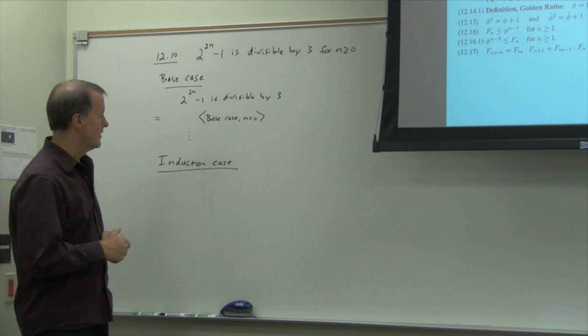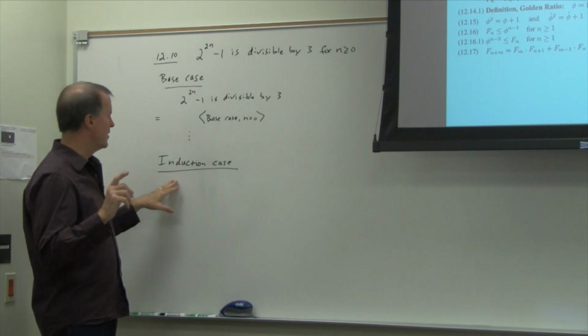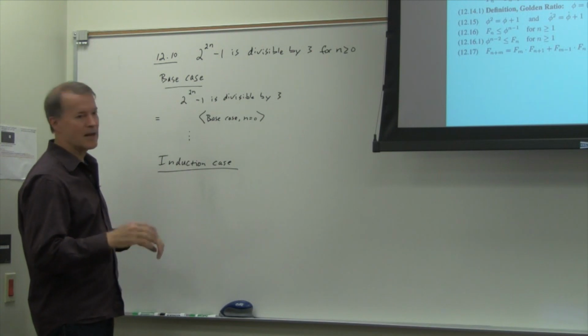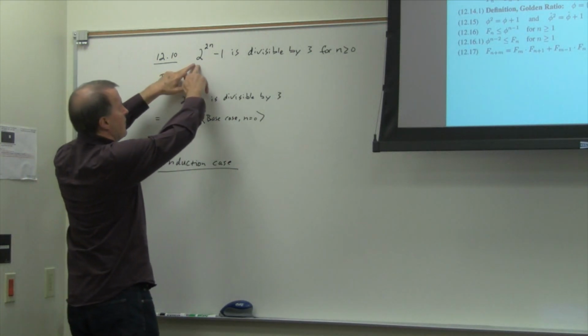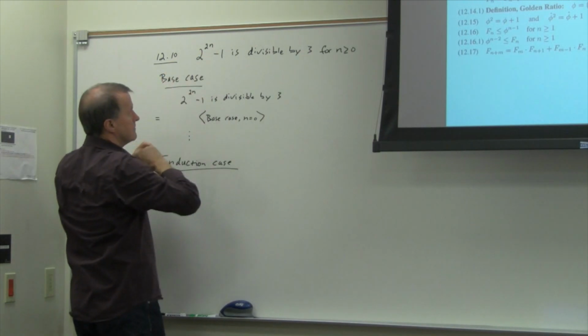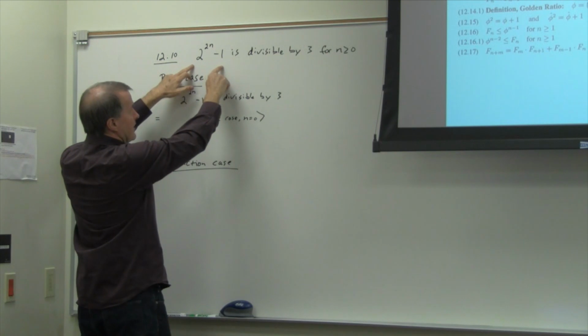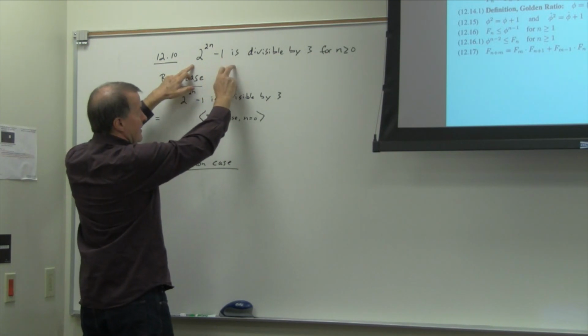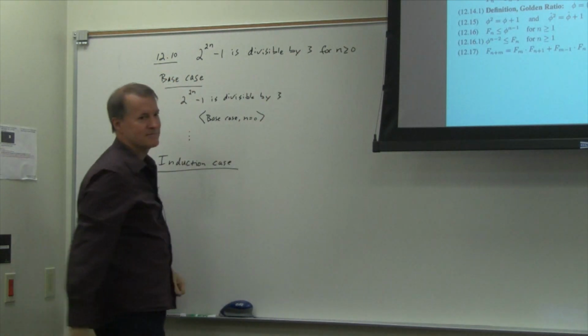Okay, but now here's what I want to make sure that we get, this next one. With the induction case, what do you have to write down? Must prove, but what must you prove? 2 to the what? 2 to the (2(n+1)) minus 1, is divisible by 3.